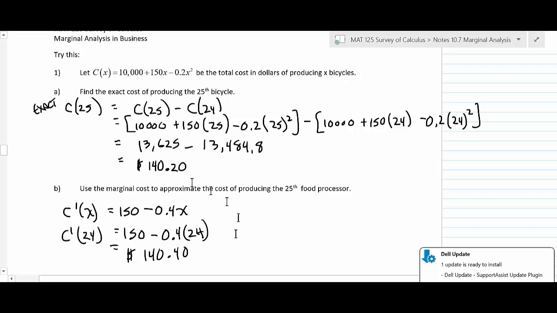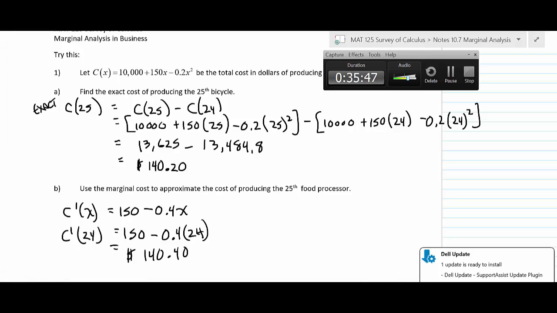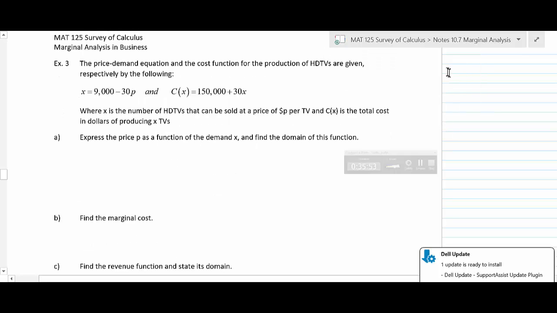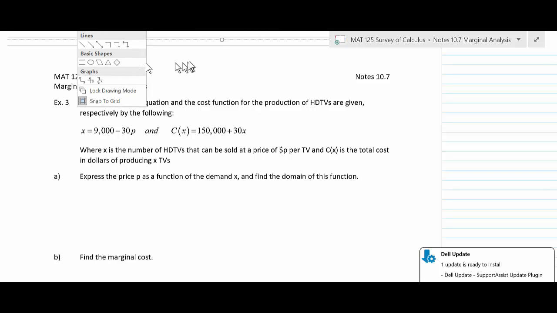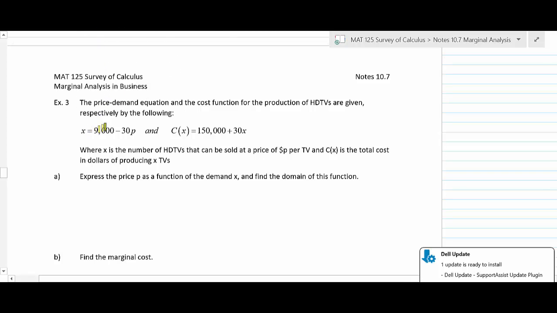Okay, so that gets us started a little bit on what you're doing with calculus and economics with marginal analysis. So let's go through this problem. If you took finite math, you may have done some of this already, but not the calculus part. So what we have is you're given a price demand function.